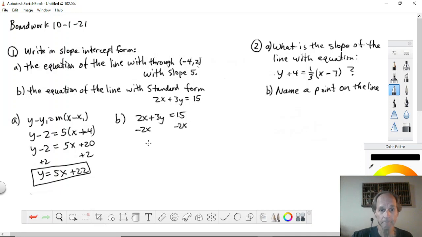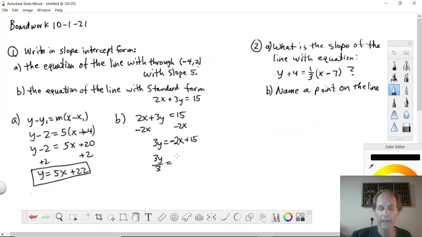And that works. On the left, we get our 3y, and on the right, we have negative 2x and 15. We will write that in the more convenient order, so we don't have to switch them later. We write the negative 2x there and plus 15. All we have to do now is divide both sides by 3.